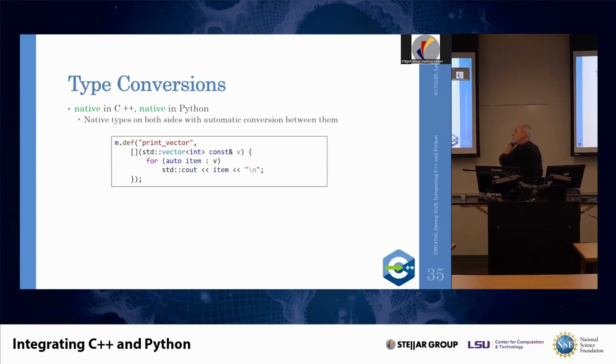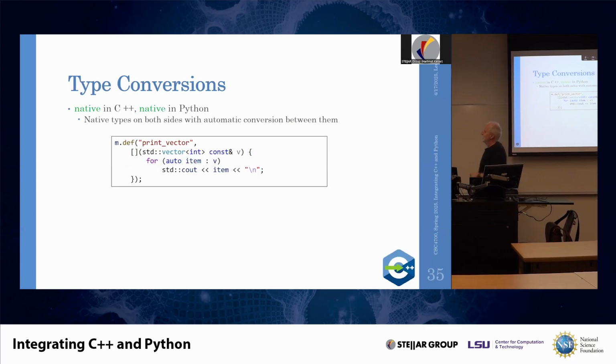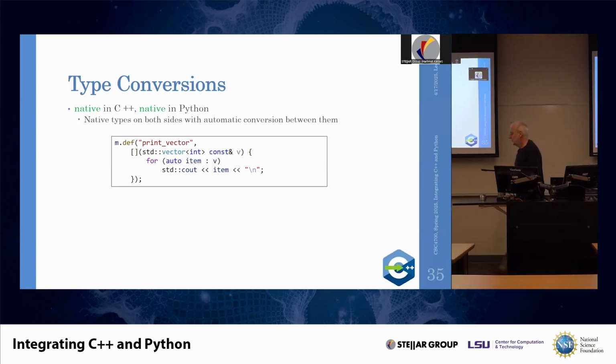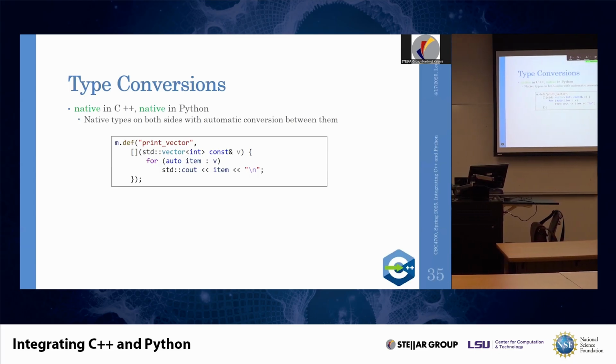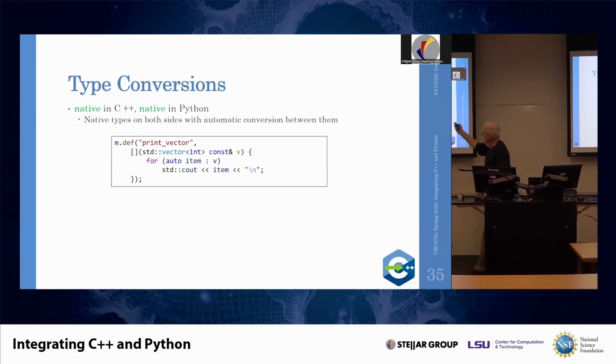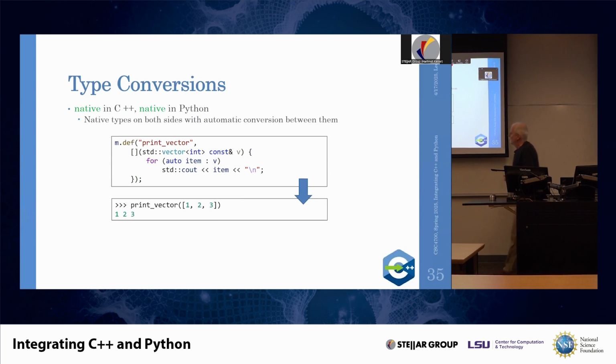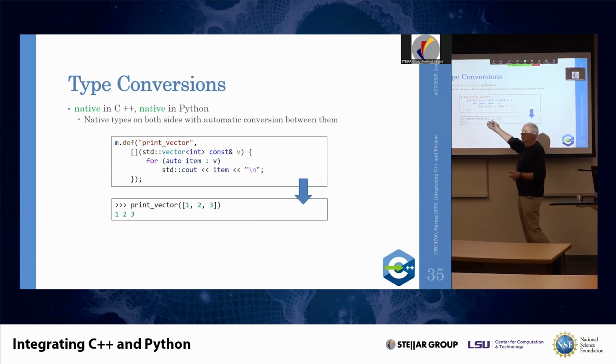The native one is, as I said, the most convenient one, but requires a bit more attention because it might involve copying a large amount of data across a boundary. So here I'm exposing a lambda that expects a vector and prints the elements in that vector. And on the Python side, I call that with a list.